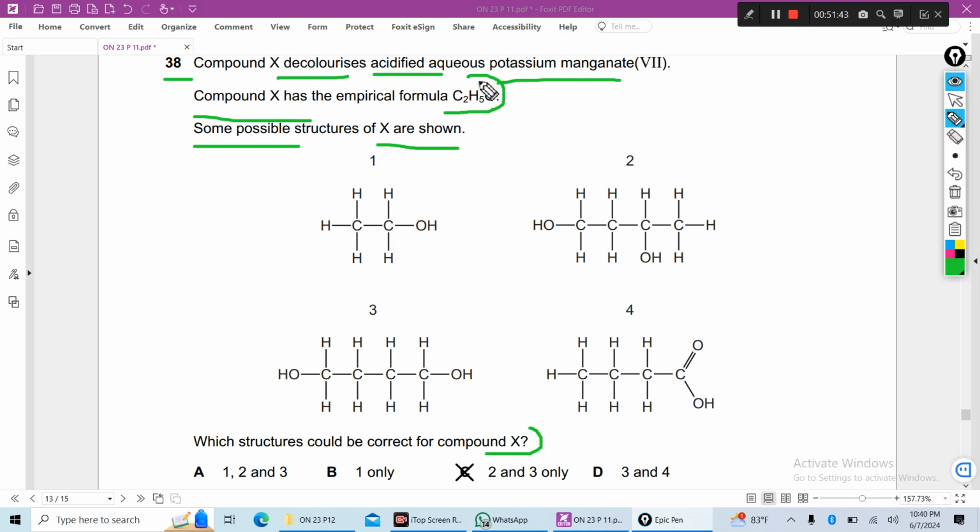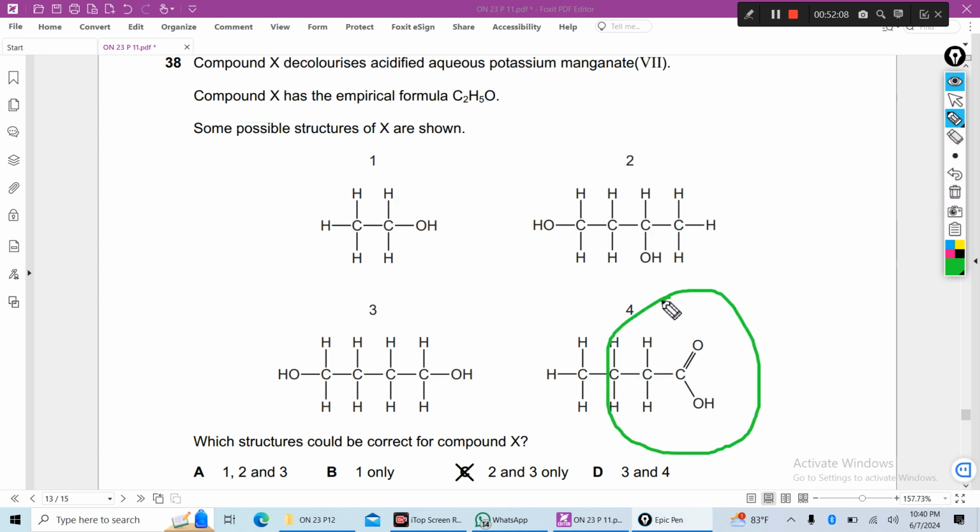This empirical formula is C2H5O. So the molecular formula is 2 times, which gives 4 carbon. A is wrong, it has only 2 carbon. So 2, 3 and 4 have 4 carbon, but 4 is incorrect because a carboxylic acid does not decolorize potassium permanganate.